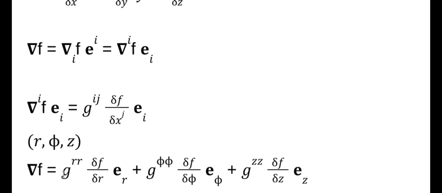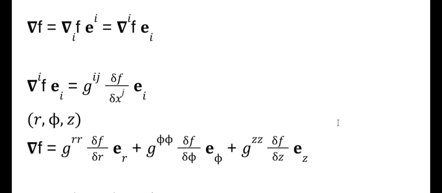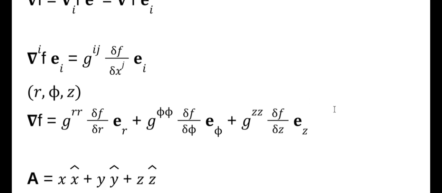There are only 3 elements of the tensor we need because all of the off-diagonal ones are 0. So r phi and rz and phi z, etc. They're all 0. There are only 3 non-zero elements of the tensor, okay? So we can immediately start finding our metric tensor components.